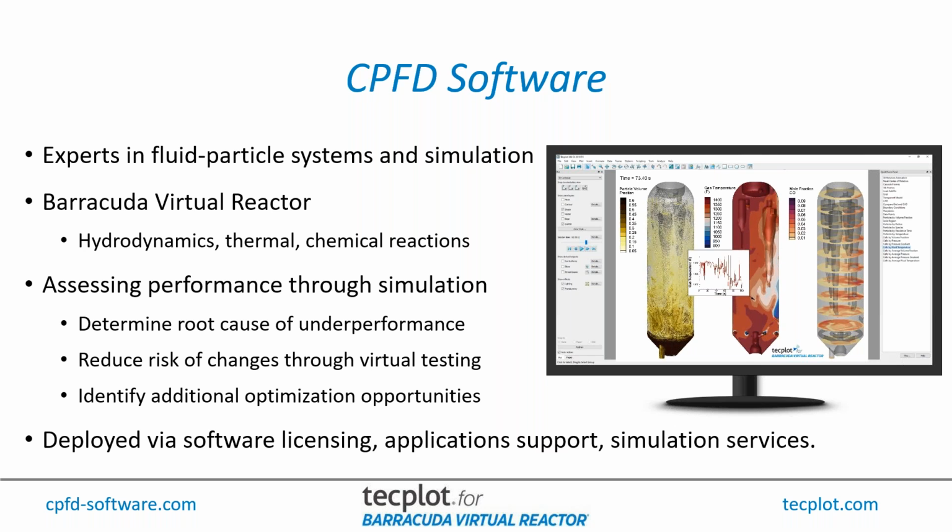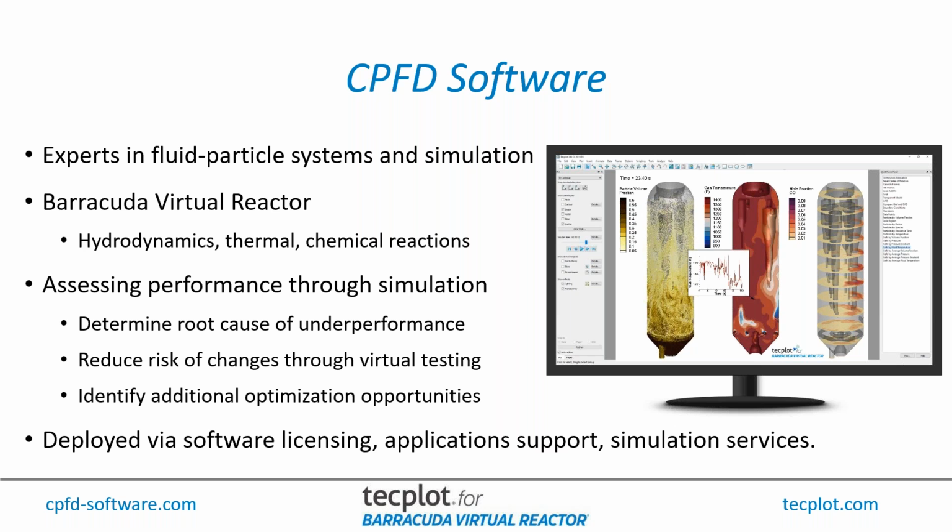Our users use Barracuda Virtual Reactor to assess the performance of their systems through simulation. If there's an underperformance problem, they use Barracuda to try to determine the root cause of that underperformance. Then they reduce the risk of changes to a system through virtual testing.